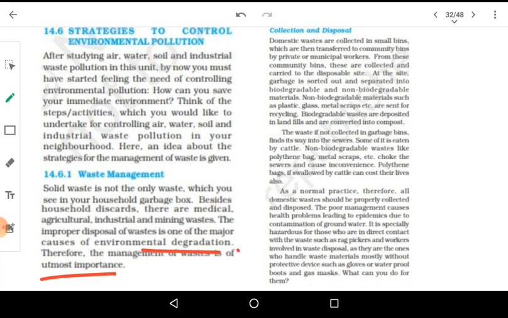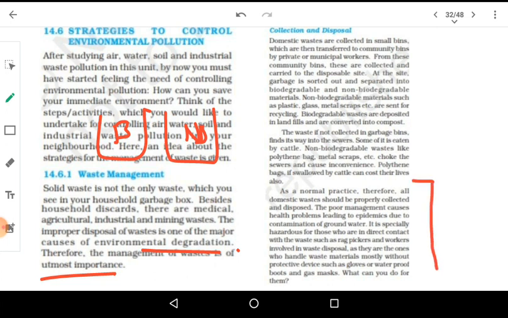We can keep separate waste bins, one for biodegradable and another for non-biodegradable, so that these two can be dumped separately, and as a result we can check the problem of soil pollution, right?